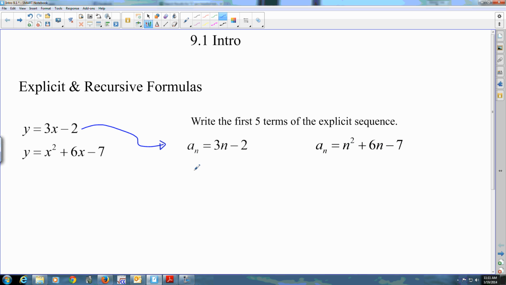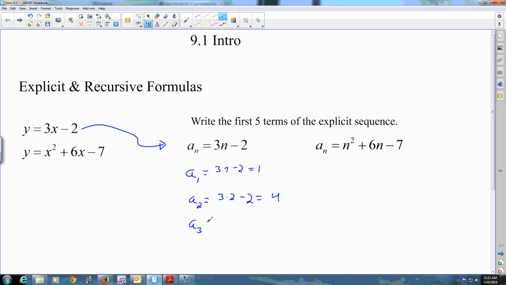Now the understanding is the very first number you're going to fill in is 1. So then you'd have 3 times 1 minus 2 equals 1. A sub 2 is you're going to fill 2 in. Whoops, I made a mistake. Apologize, my arithmetic. So then, 3 times 2 minus 2, that's 4.